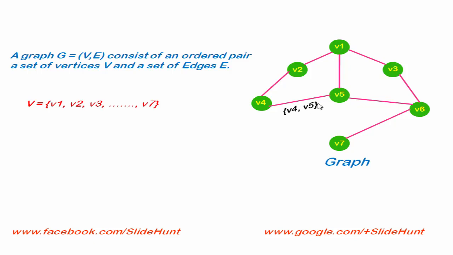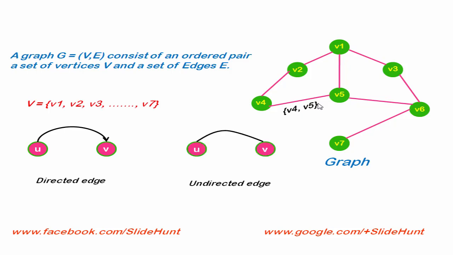But edges can be of two types. One is directed edge and another is undirected edge. In case of a directed edge, the connection is unidirectional or one-way, and in case of an undirected edge, the connection is two-way or bidirectional. Here with the edge being unidirectional, we can say there is a link or path from the vertex u to v.